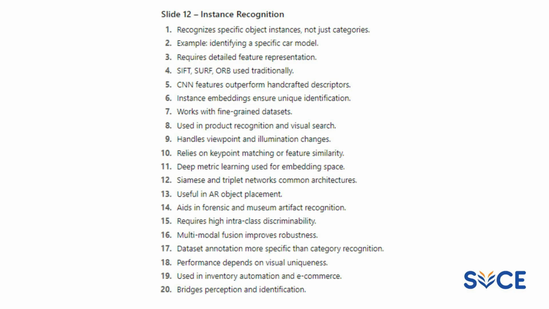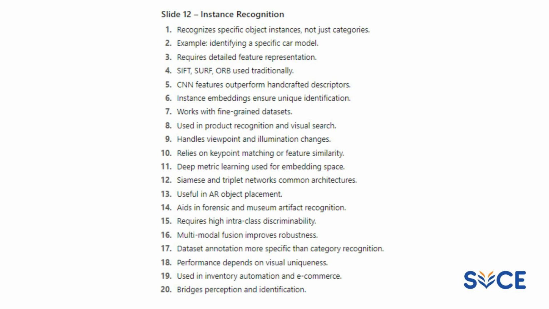Then the feature extraction: the system extracts detailed visual descriptions that capture the unique pattern, texture, shape and color details. Earlier, handcrafted features like SIFT, SURF and ORB were used. Now, deep learning models automatically learn discriminative embeddings using CNNs or transformers.